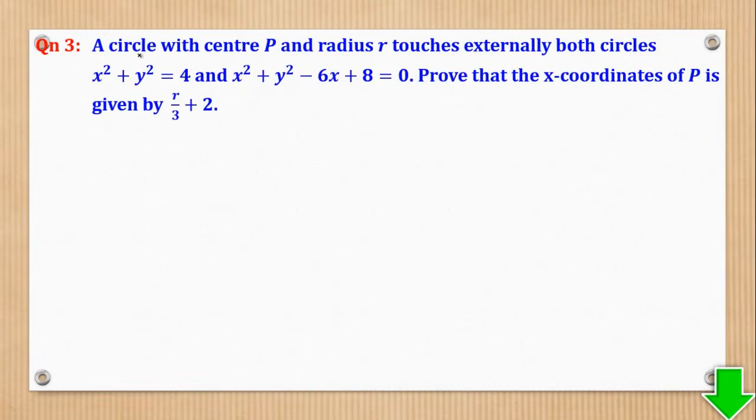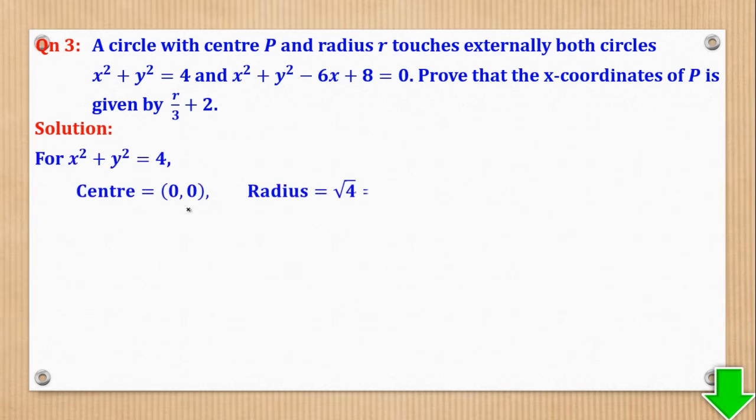Then question 3 says a circle with center P and radius r touches externally both circles this and that. Prove that the x coordinate of P is this. So they have told us that they touch externally. For this circle, the center is this and the radius is that.